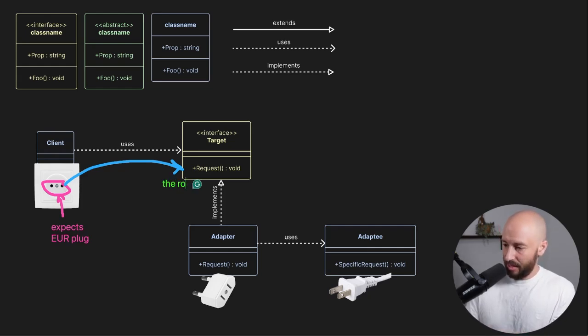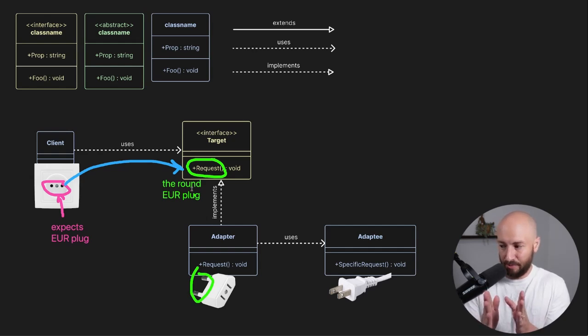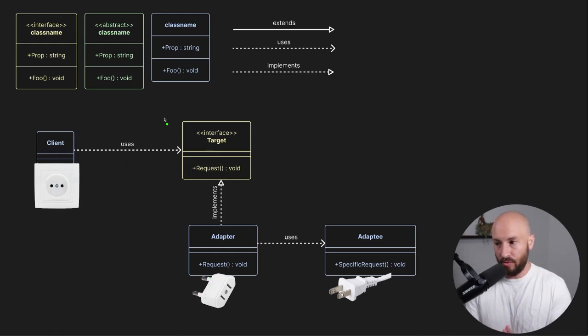So this is the round European plug. This is the interface that the client expects. This over here is these pins in the adapter. The adapter is the one that takes the adaptee, which has the American flat pins, and converts them to the European round pins. So that's the pattern, pretty intuitive when you think about the real world adapter, but I also want us to take a look at a more concrete code-specific example.